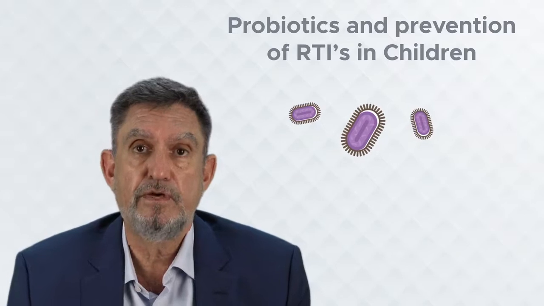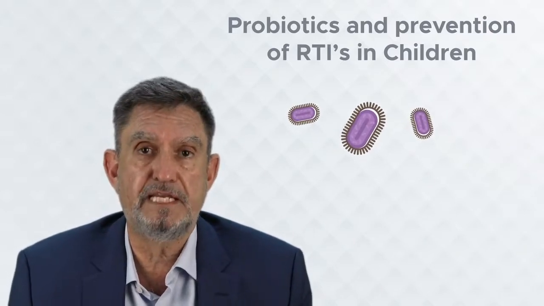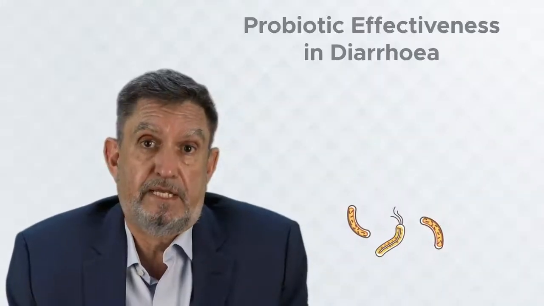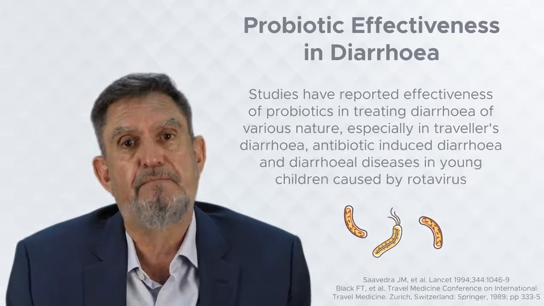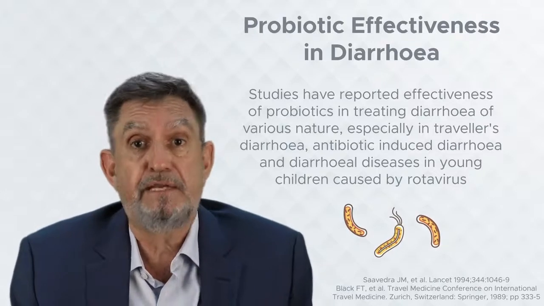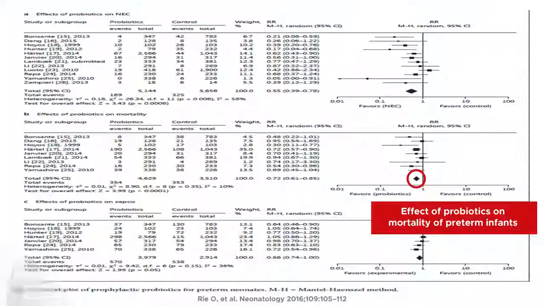So not only do you not have the infection, or the infections are reduced, you also don't need an antibiotic, which destroys the microbiome. Probiotics are clearly effective in controlling various forms of diarrhea, including antibiotic-associated diarrhea, traveler's diarrhea, and probably diarrheal diseases in children caused by rotavirus.